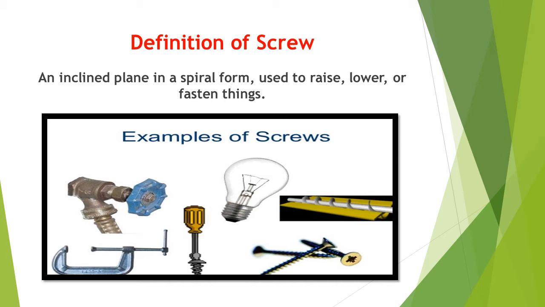With the help of a screw, you can hold the object easily and tightly. Here you can see examples of screws, and there are a few more examples of using screws in our daily life.